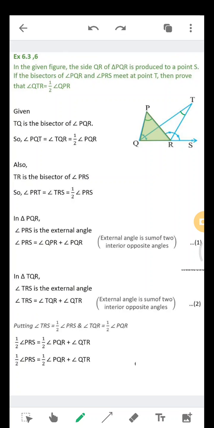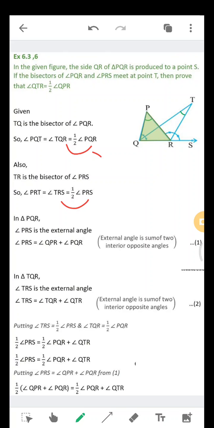Now the next step goes like this. What is PRS from equation number 1? First we substituted these in equation number 2.